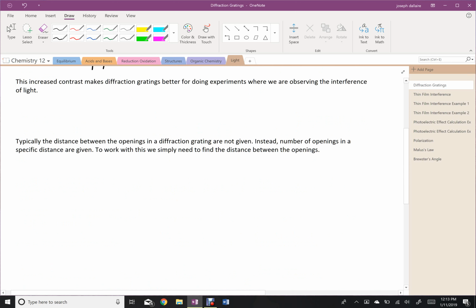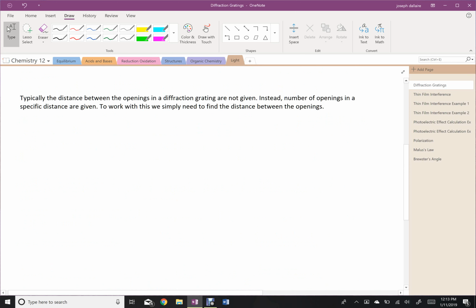Typically, with these patterns, we're not given the distance between adjacent slits, but instead we're given a distance. Let's say the diffraction grating will be 1 centimeter wide, and then we're told how many openings there are in that 1 centimeter. So a typical value might be 500 openings in 1 centimeter.